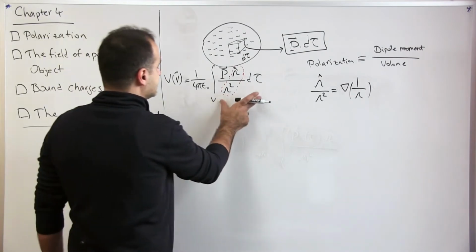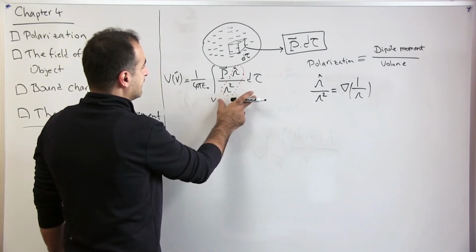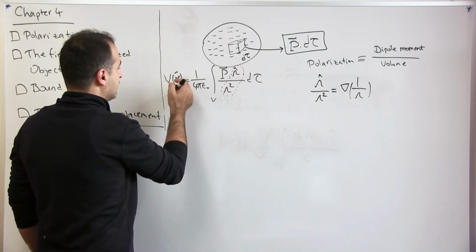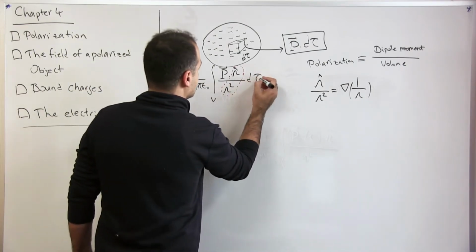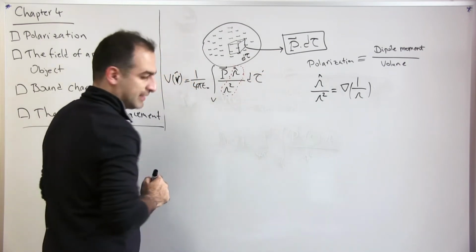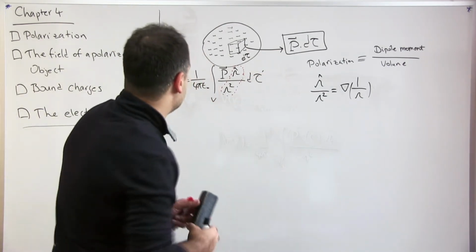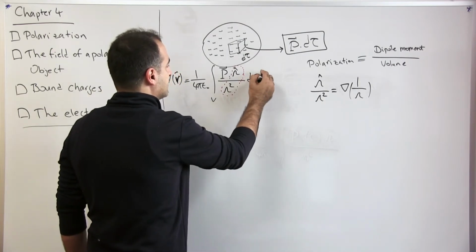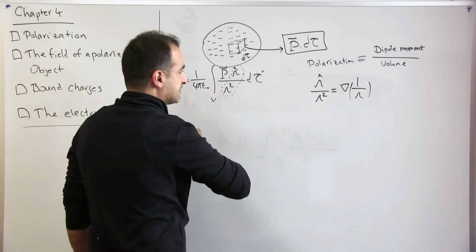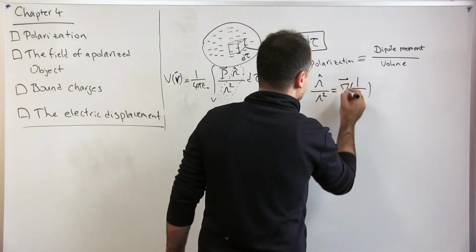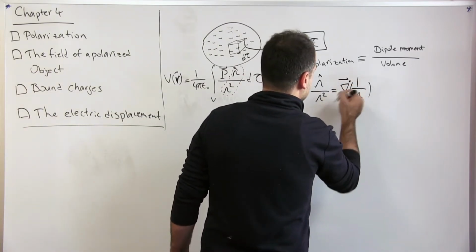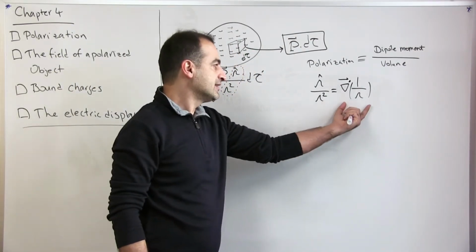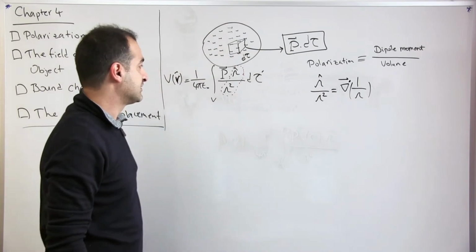So this is technically the gradient of 1 over r. Now inside the integral, we are running over the dielectric material, so this is different from the r outside. Let's use the prime coordinate here. I want to make it d tau prime, and the prime coordinate runs over the dielectric material. For that reason, I'm going to make this gradient prime as well, so that it reflects the gradient with respect to the coordinates that run over the dielectric material.